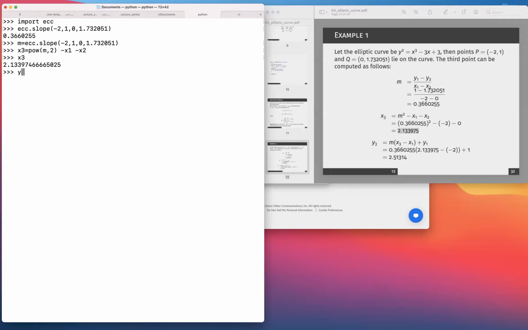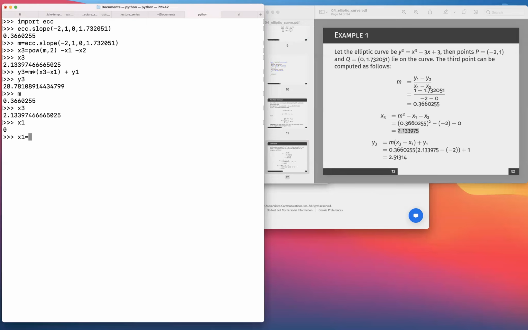And finally, y3 is equal to m times x3 minus x1 plus y1. M is 0.366, x3 equals 2.133. Where is x1? Sorry, I did not define x1.